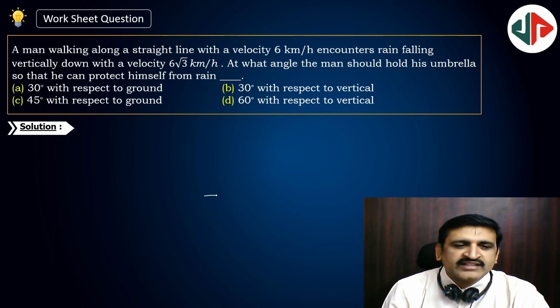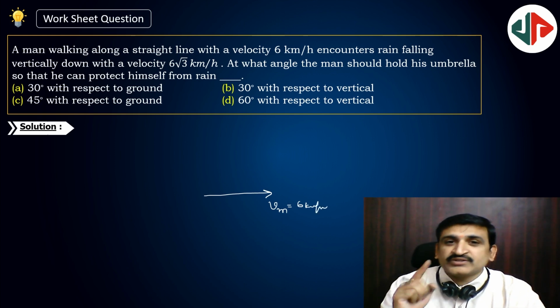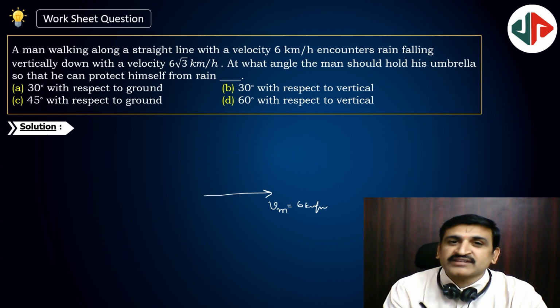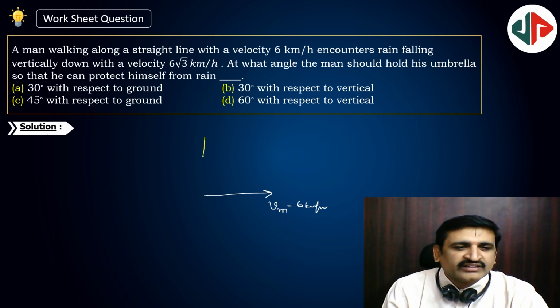A science student always writes numbers along with units. Rain falls vertically with VR equal to 6√3 kilometers per hour.